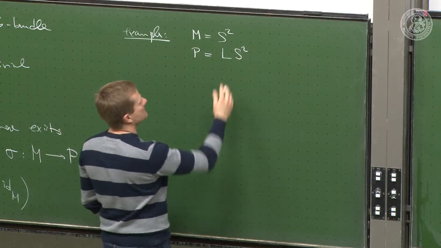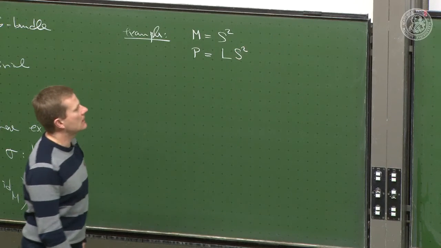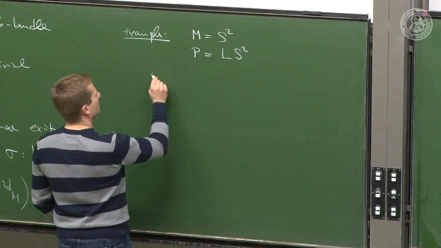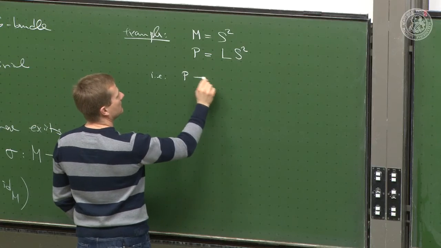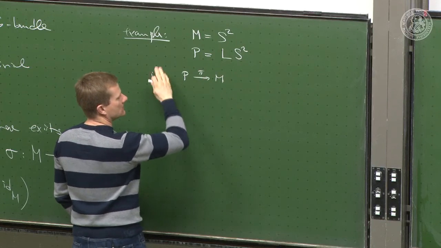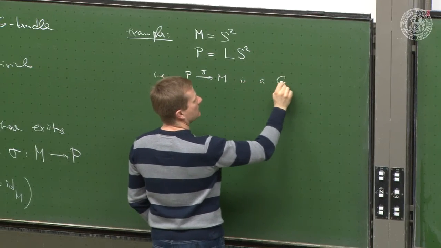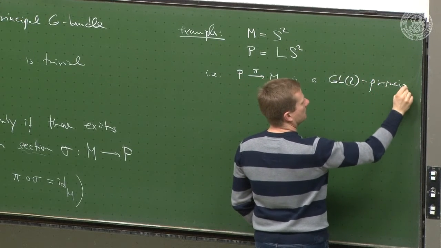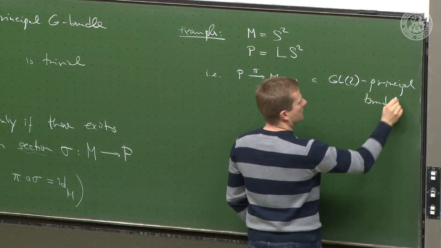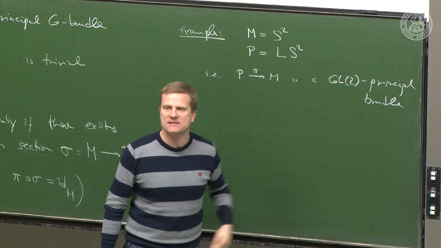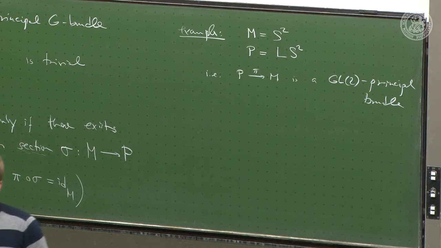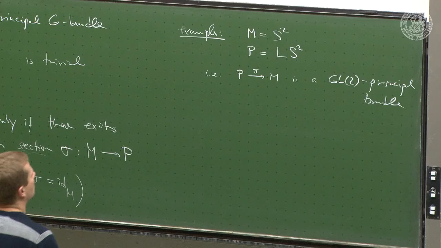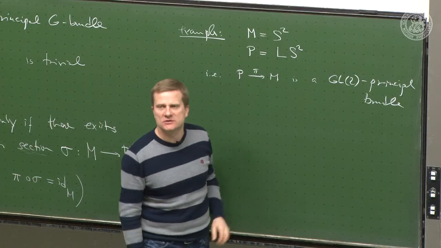Because the frame bundle is a principal bundle, a GL2 principal bundle, that is P down to M and so on, because every frame bundle is a GL dim M principal bundle, as we saw before today. And now we look at the particular case of a two-sphere.